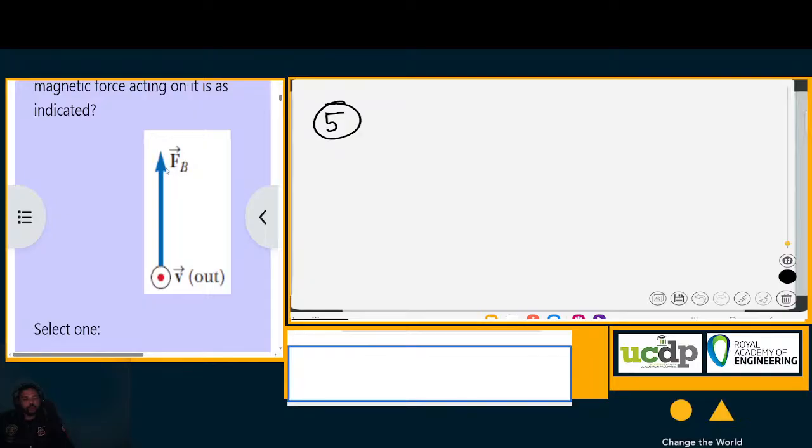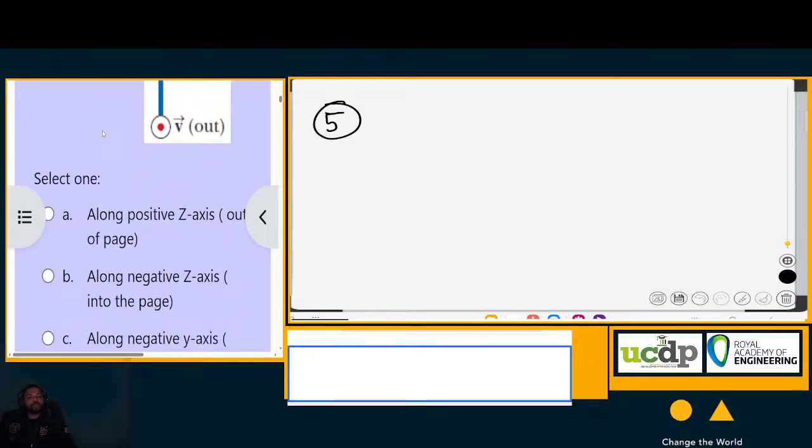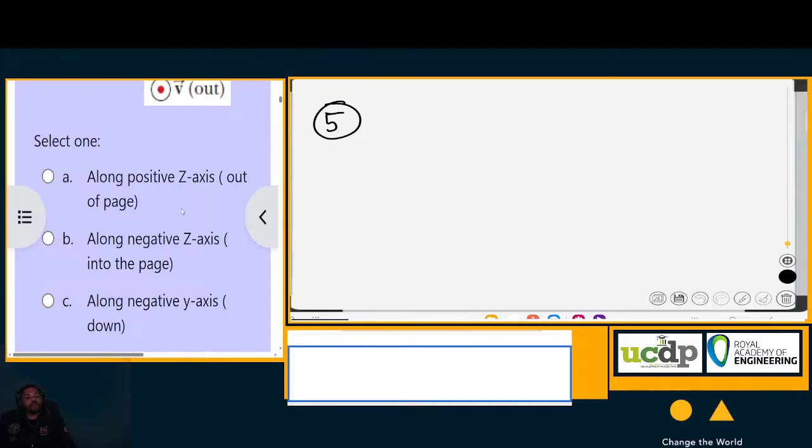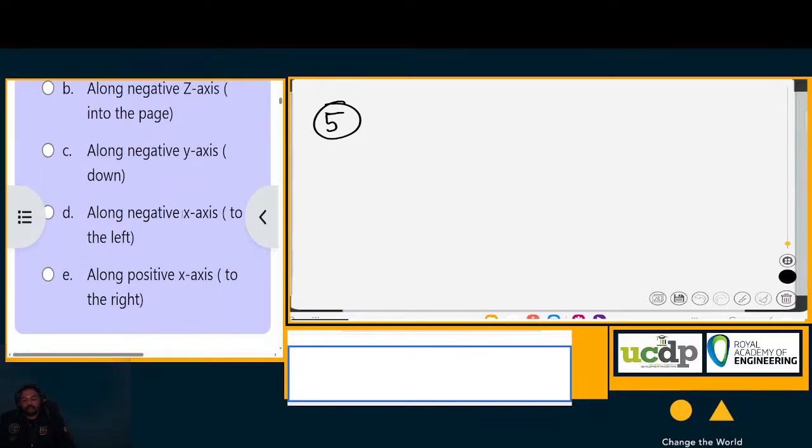If you point your thumb in the direction of the force and your fingers of your right hand in the direction in which the velocity is, and curl your fingers at a 90-degree angle, you'll see that the magnetic field would be towards the right along the positive x-axis. If I'm not mistaken, if my right hand rule is correct.